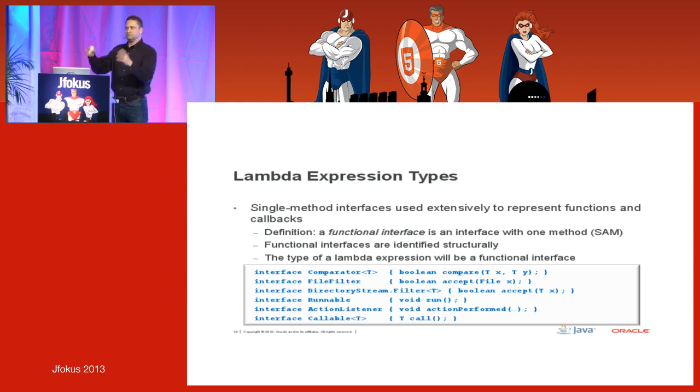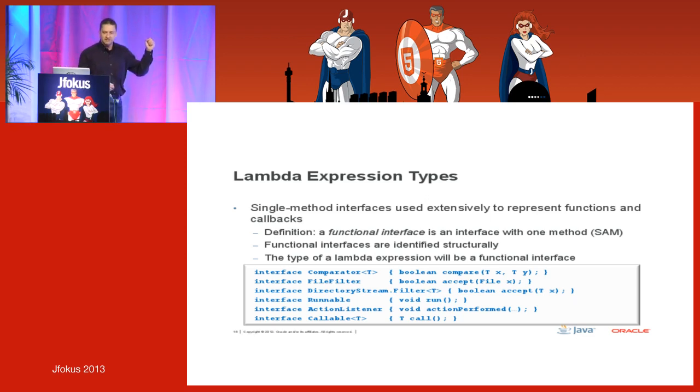And there are various things like that. So what the compiler will do is, from that information, determine what the signature is, and therefore what type, as a functional interface, this actually is. And you can end up with a list of typical Lambda expressions with a functional interface.